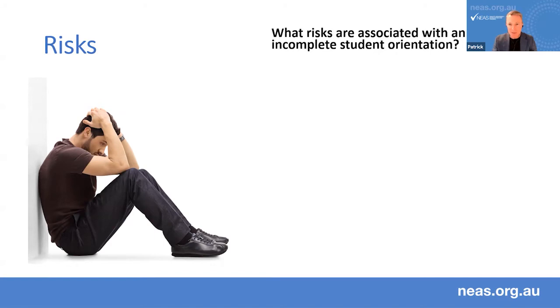Just going to ask you to write a couple of words into the chat function. Yeah, so there's risk to people's safety, risk of losing engagement of students. Yep, losing interest in learning, students wasting time attending the wrong times and the wrong days and the wrong classes. Okay.